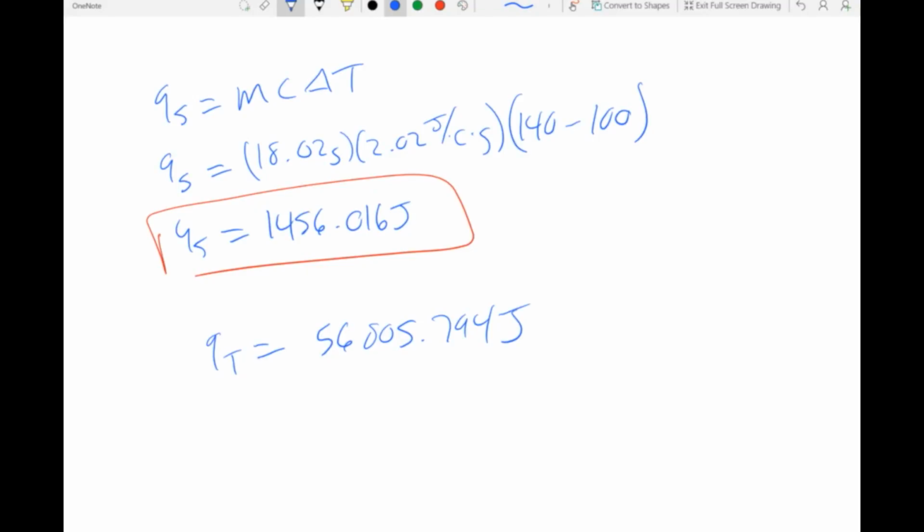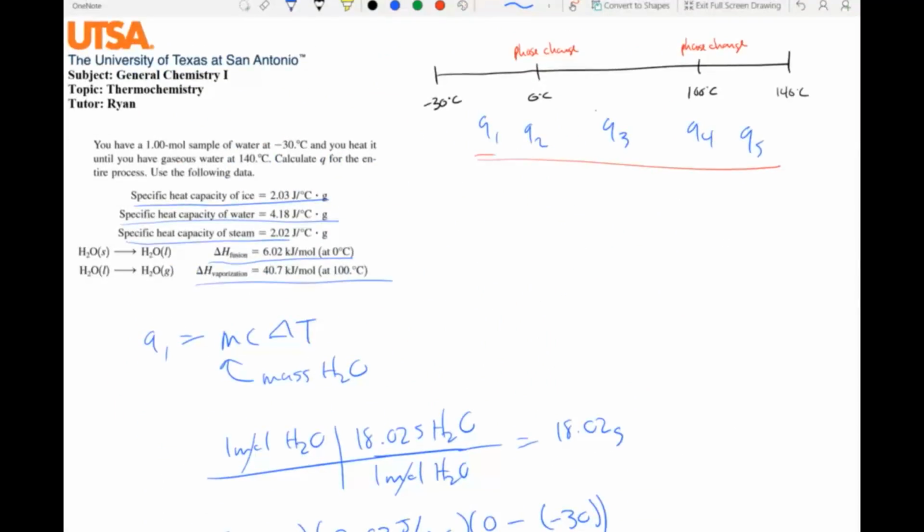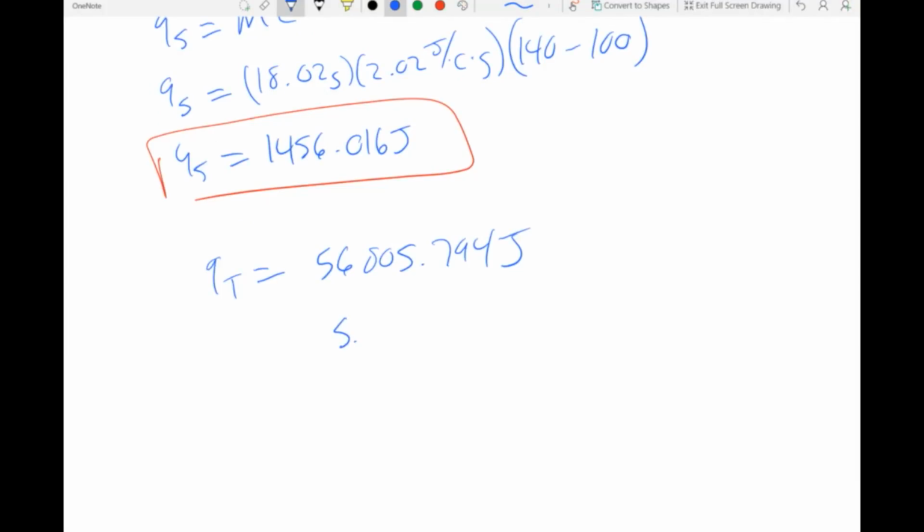That's the entire amount of energy it took. And if you do want sig figs, it seems like the problem is consistent with 3 sig figs, so we can convert this to be 5.68 times 10 to the 4 joules.